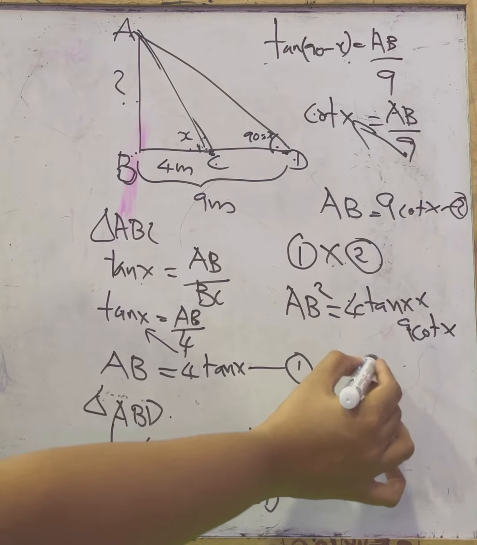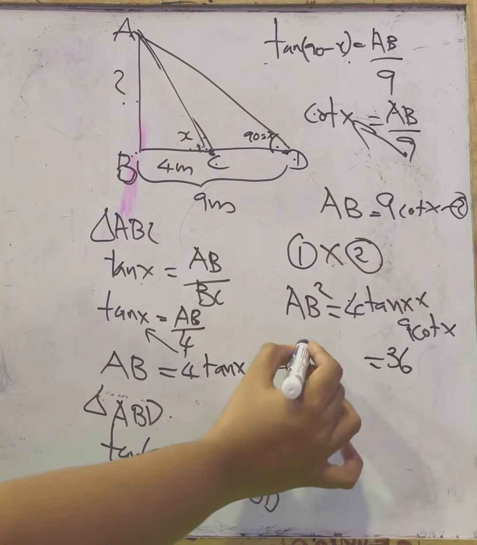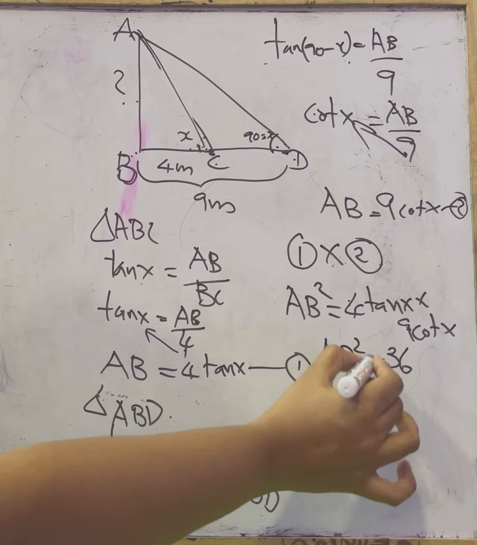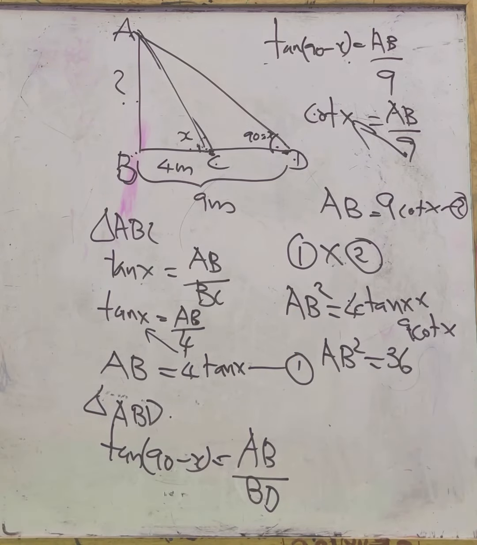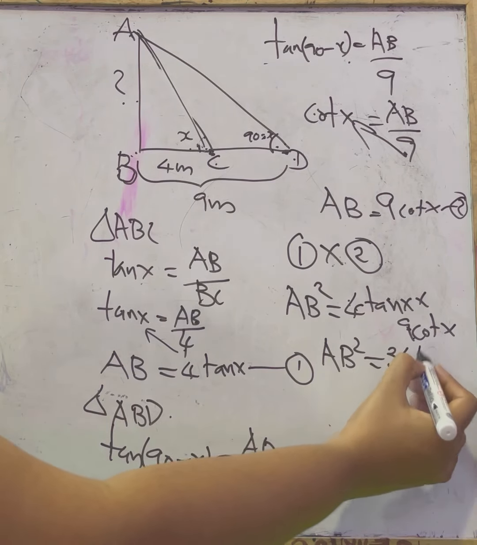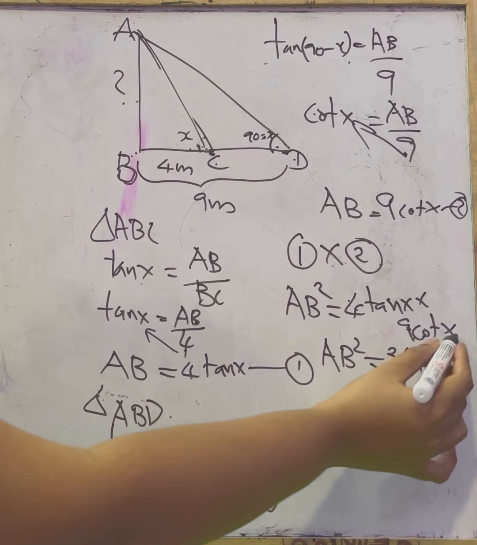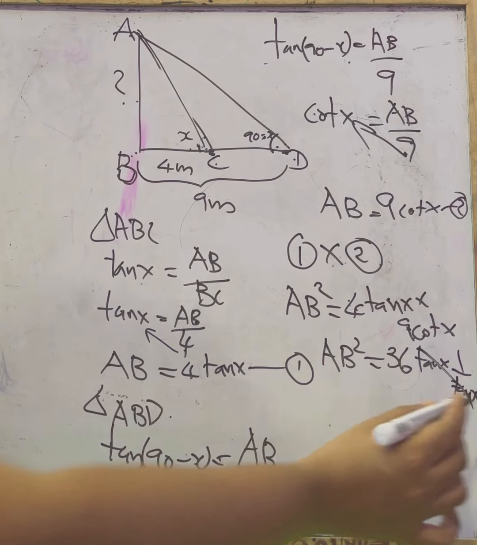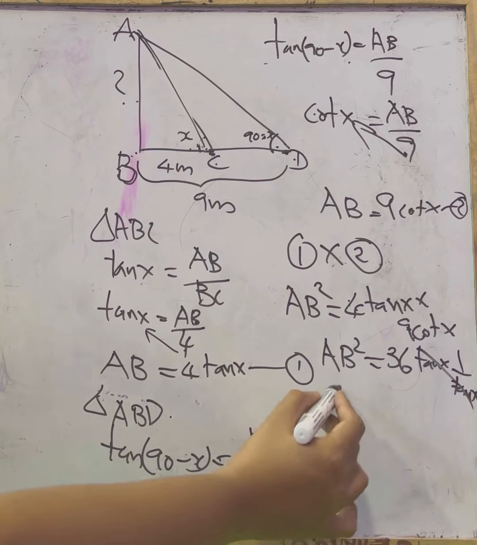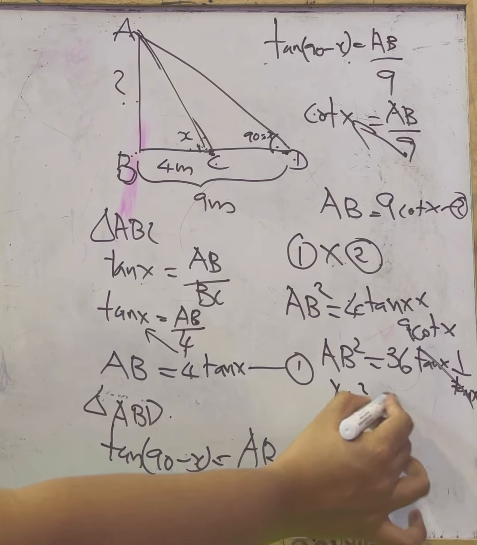Here 9 and 4, 36. So we have AB square equals 36 and tan x into cot x. Actually cot is 1 by tan, so instead of cot x, we will write 1 by tan x. And this tan x and tan x get cancelled. The answer is AB square equal to 36.